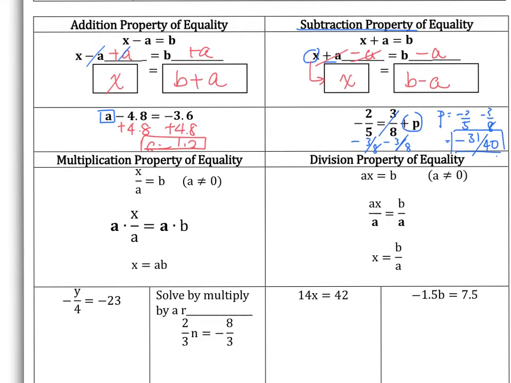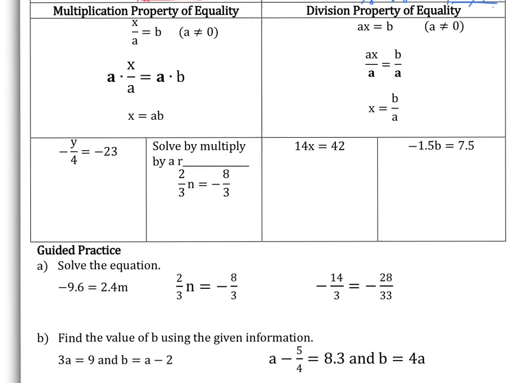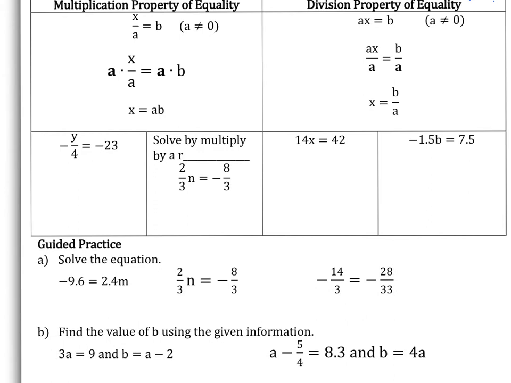The multiplication property of equality. Let's take a look at X over A equals B. Our goal is to isolate the variable X. To do that, we need to multiply by the reciprocal of 1 over A, which is A over 1.